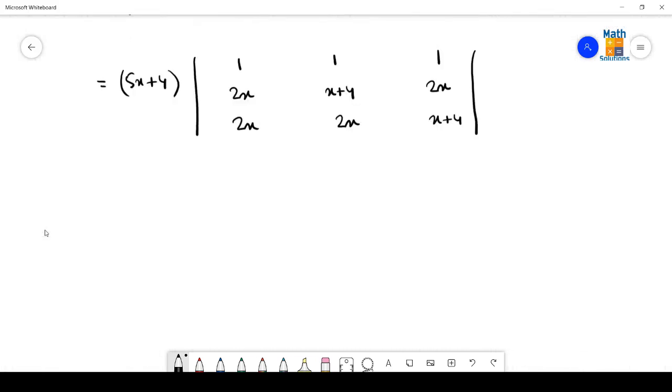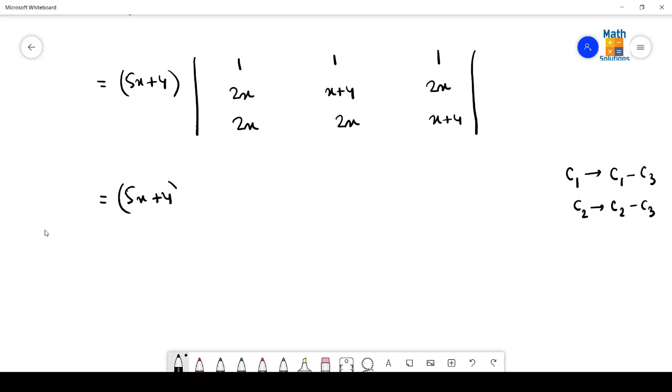So in the next step we shall perform this operation: C1 getting replaced by C1 minus C3. At the same time C2 will be getting replaced by C2 minus C3. The column with which these changes occur, that is C3, will remain as it is, nothing to change here.